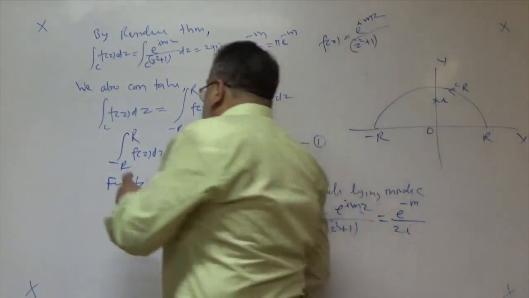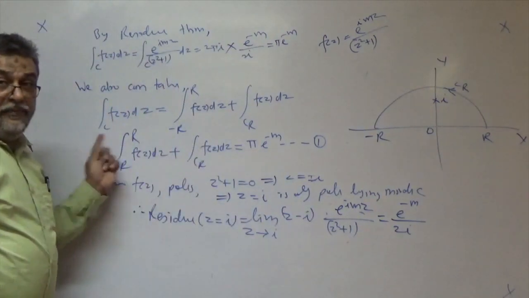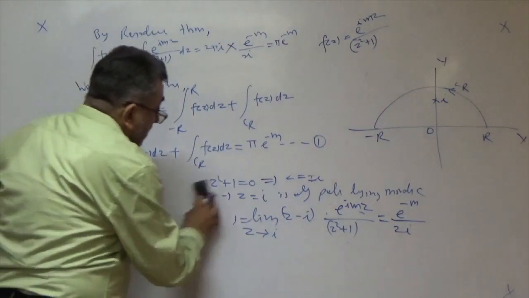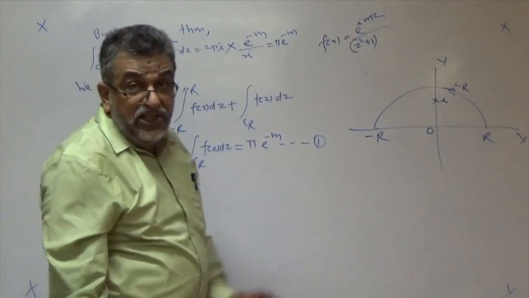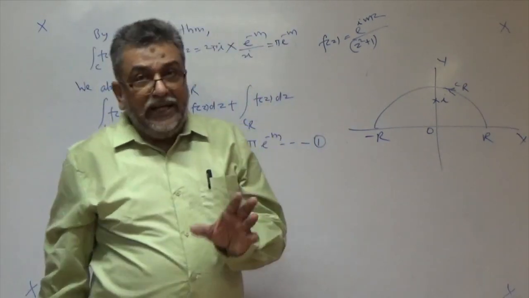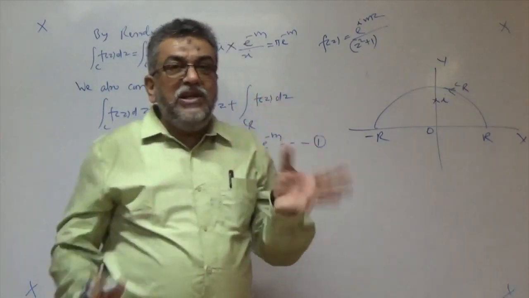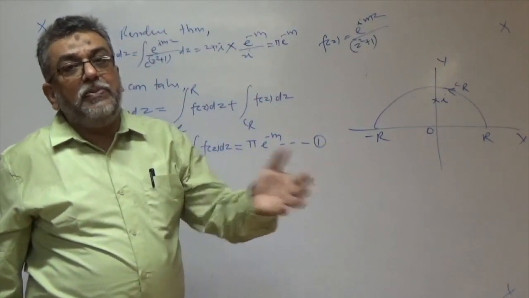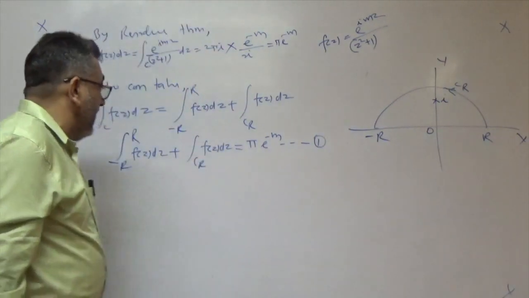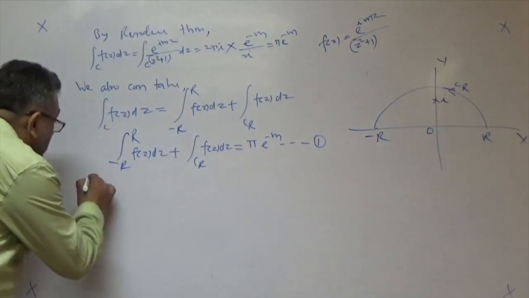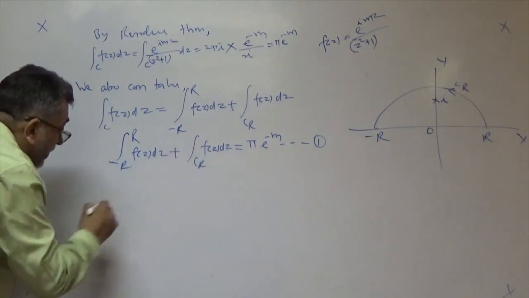And now calculate these two integrals under these conditions. What is the condition? A pole is lying inside C. C is a curve containing the half part of the semicircle mod z equal to capital R and part of the real axis lying between minus R to capital R. Now calculate first the integral over CR.